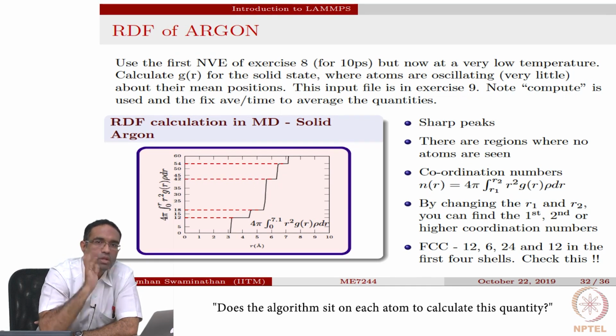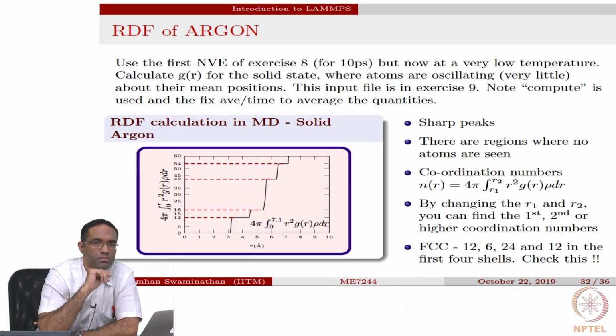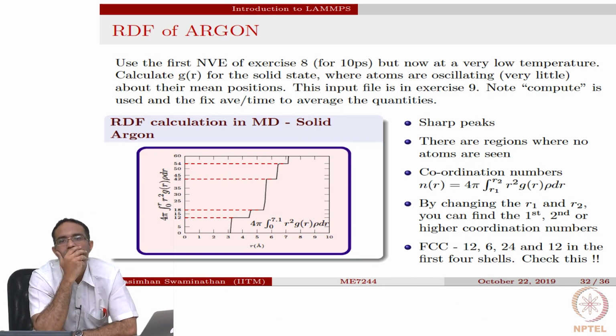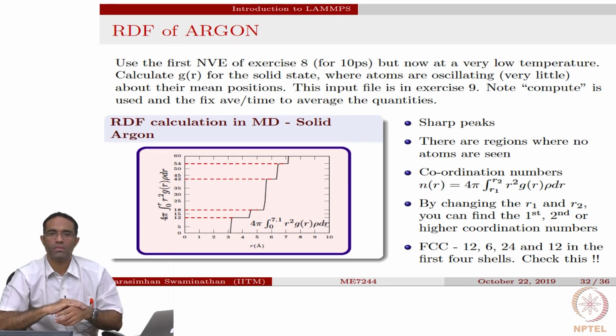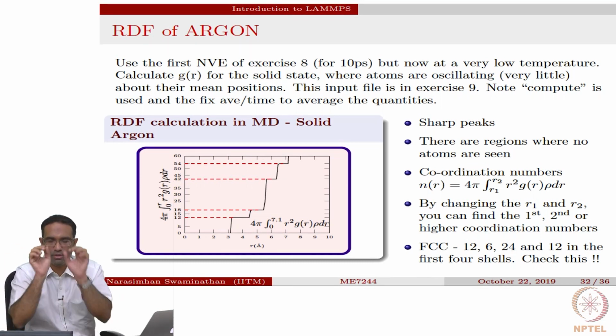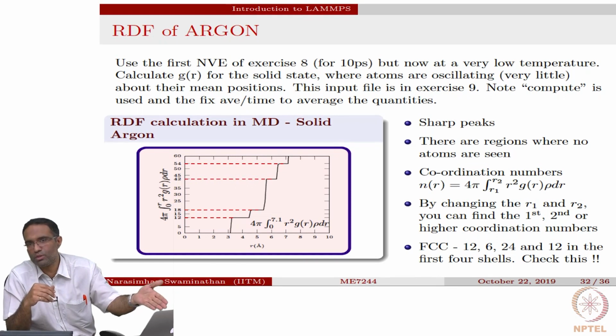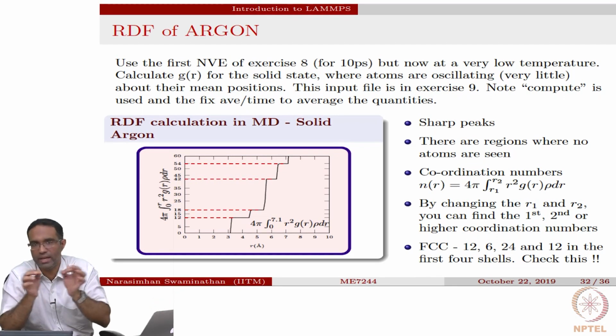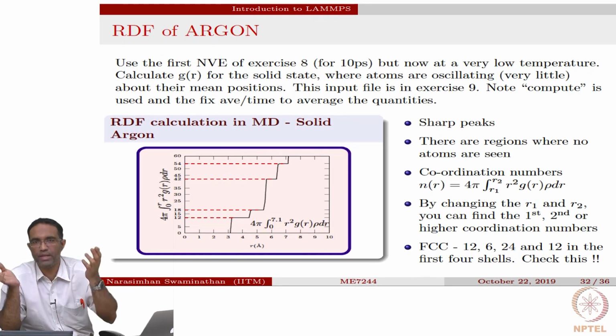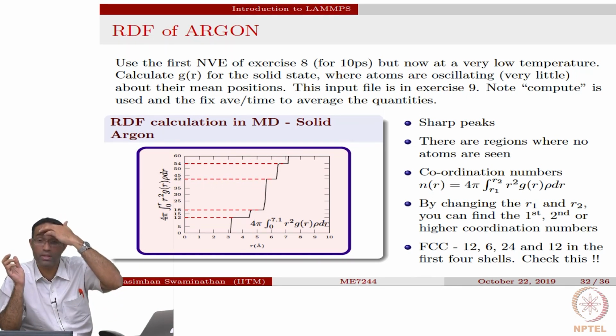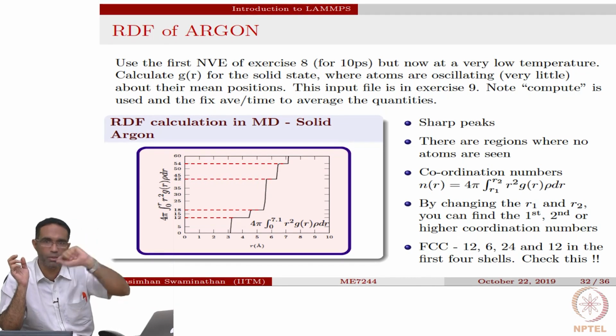Yes, it sits on each atom each time. So basically for each atom the RDF is calculated, then averaged for the entire system, and averaged over time also. For this case it might not have made a huge difference because the atoms are hardly oscillating. But say you want to obtain the radial distribution function at some finite temperature like 300 Kelvin or 400 Kelvin, then the atoms are oscillating about their mean positions.